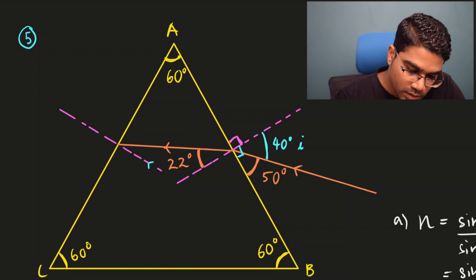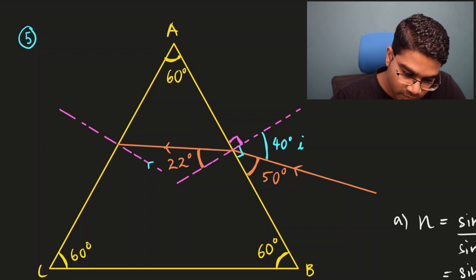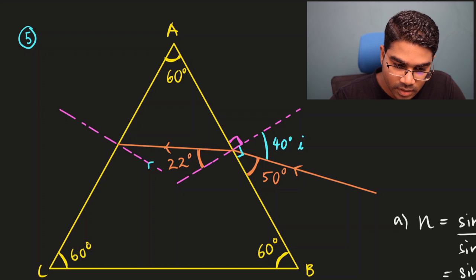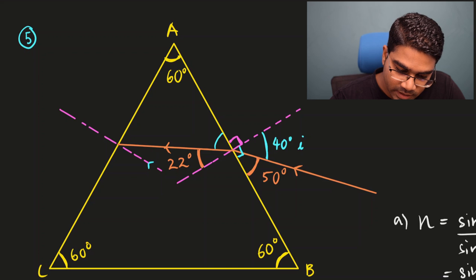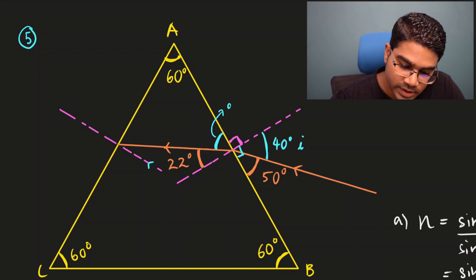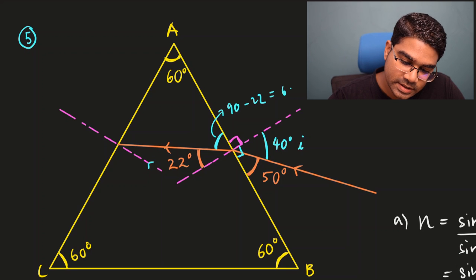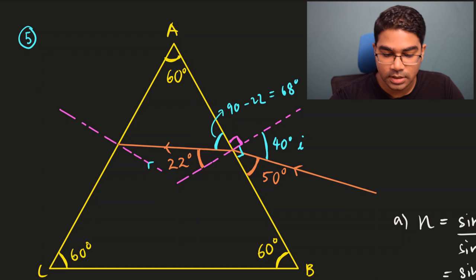Alright, so let's look at the angles here. What do we have? We have 60 degrees and we have this angle here. So this is just 90 minus 22, which is equal to 68 degrees.